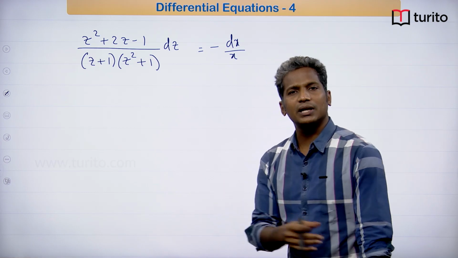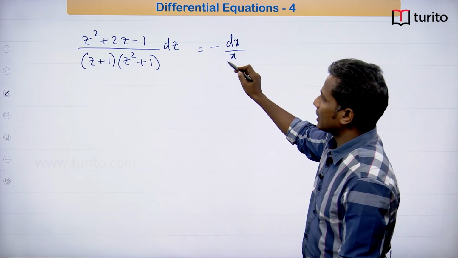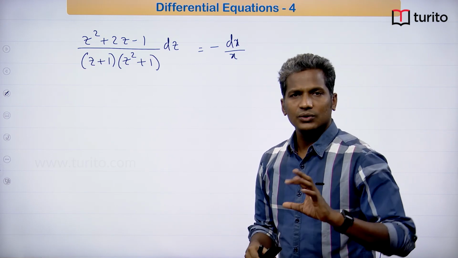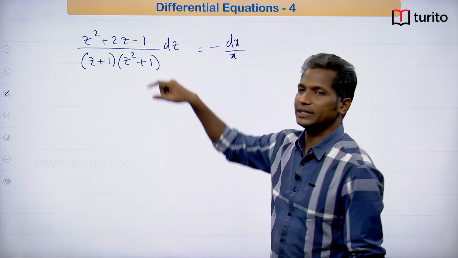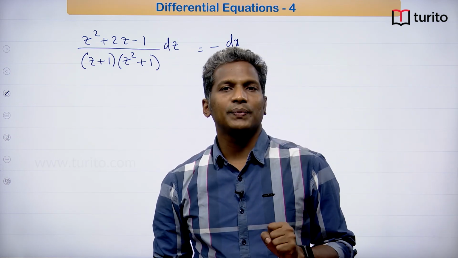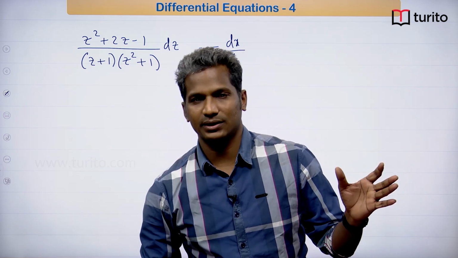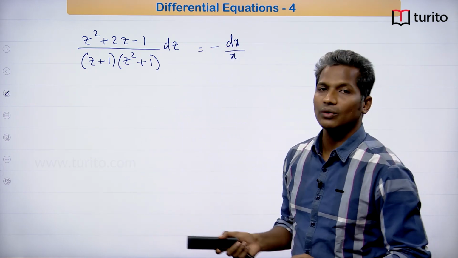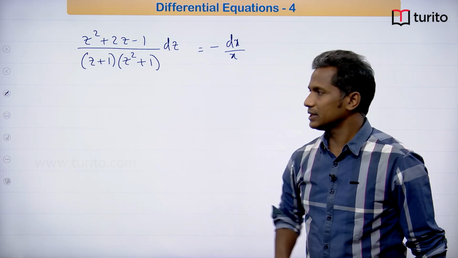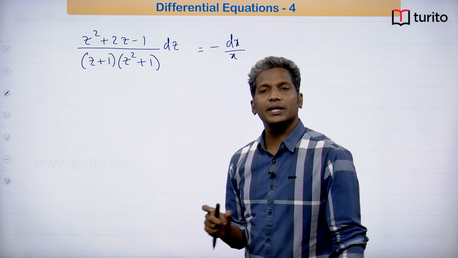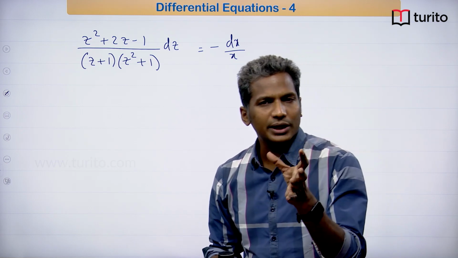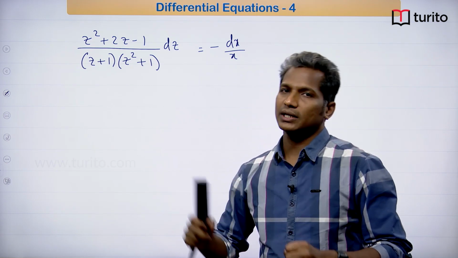As I told in the earlier question also, our RHS is always going to be dx by x, which is a simple form. So, here the main hard work is on the LHS. In the earlier linear differential equation, if you remember, the main hard work was on the RHS, but here it is on the LHS. Then we have to somehow integrate this, but because we already got some factors in the denominator, we will try to convert the numerator also in terms of these factors only.